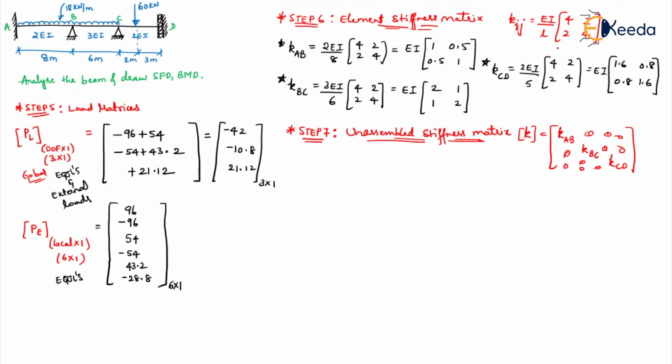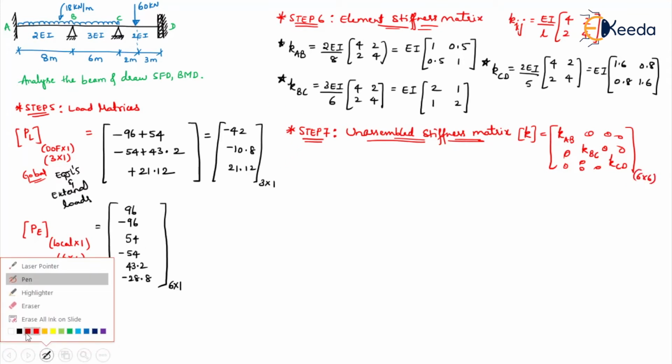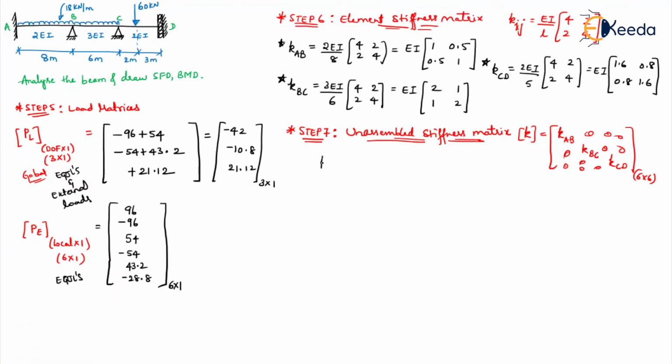So here this will be a 6 into 6 matrix. Okay, so how to write it? The final value will be a 6 into 6 matrix. So everywhere here EI is common, let us take it out. So start writing. First will be 0, 1 and 0.5, 0.5 and 1.